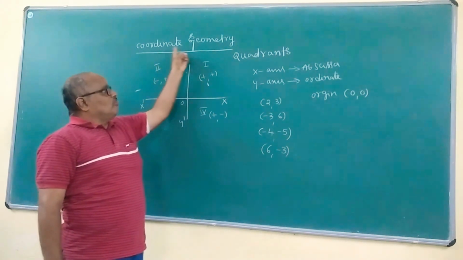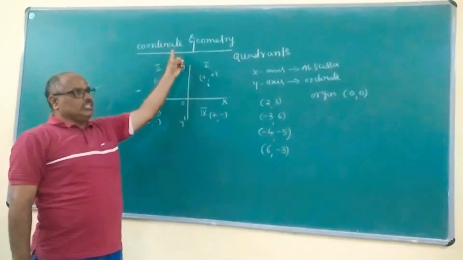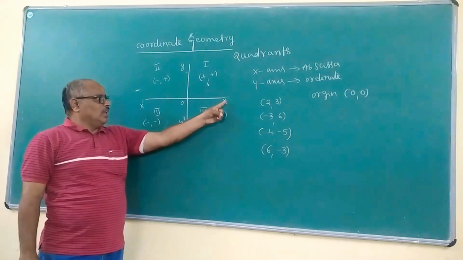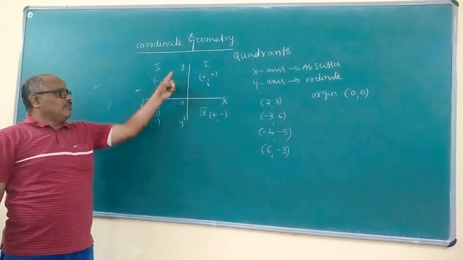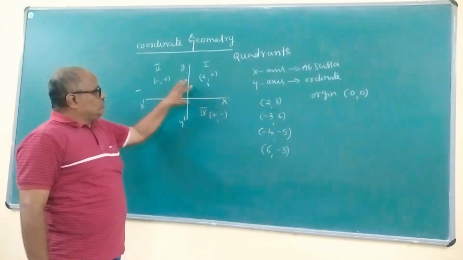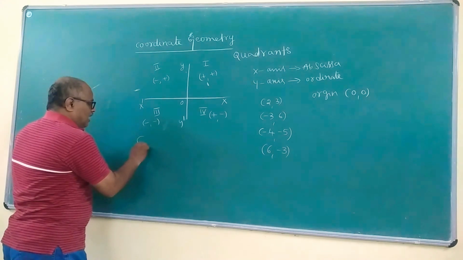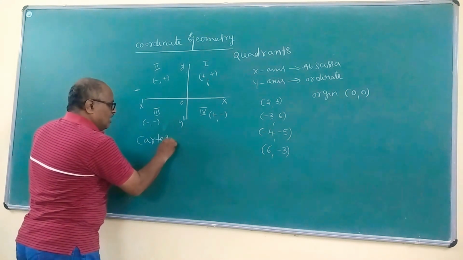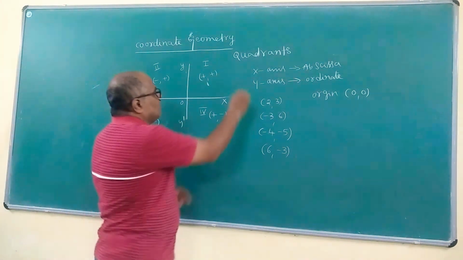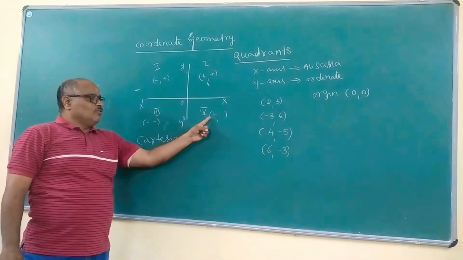You know well, coordinate geometry is the branch of mathematics that deals with geometrical concepts interpreted algebraically. XOX' and YOY' are two mutually perpendicular lines. These two lines divide the Cartesian plane into four equal parts, what we call the quadrants: first, second, third, and fourth quadrant.